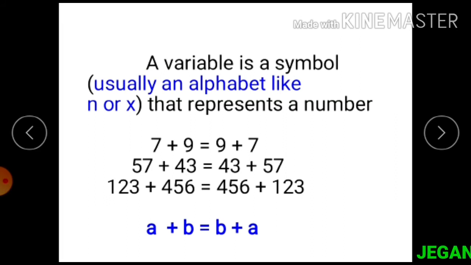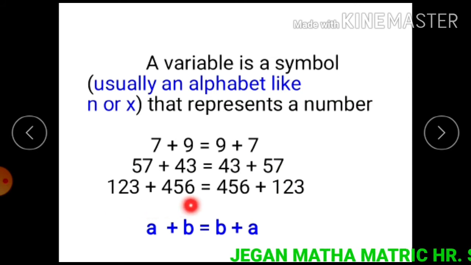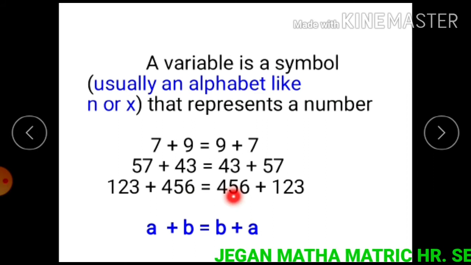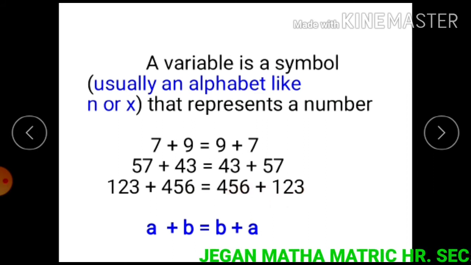A variable is a symbol, usually an alphabet like n or x, that represents a number. For example, the following pattern: 7 plus 9 equals 9 plus 7. 57 plus 43 equals 43 plus 57. 123 plus 456 equals 456 plus 123.